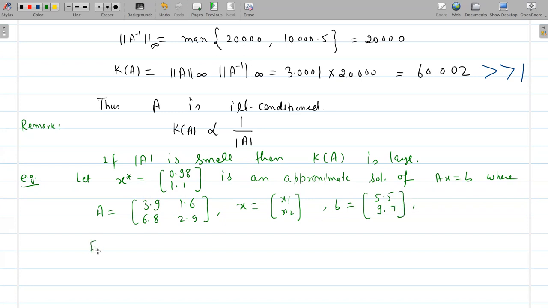The question is: find the relative error bound.